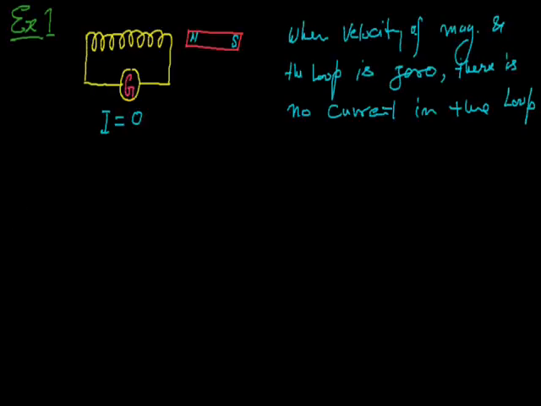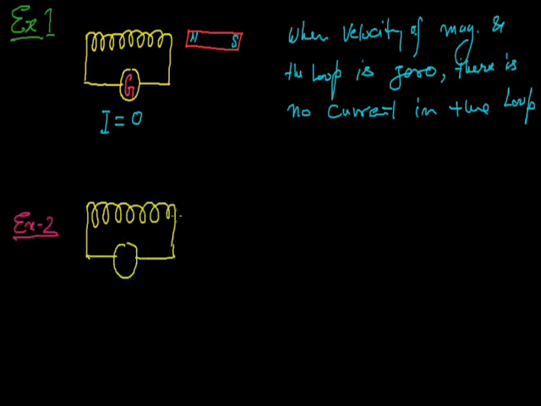Example number 2. When the magnet comes nearer to the closed loop, the current starts flowing and the galvanometer gives a deflection.